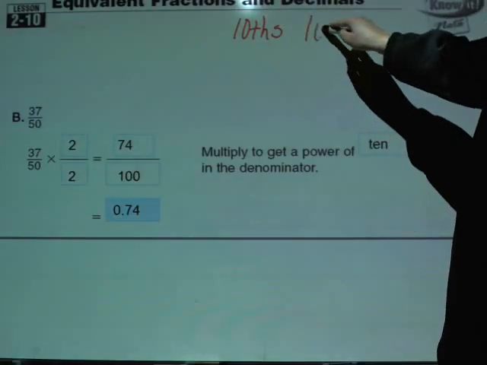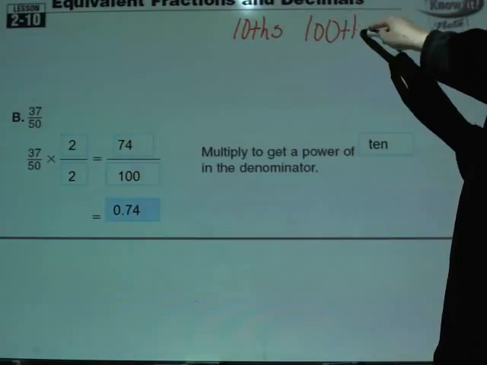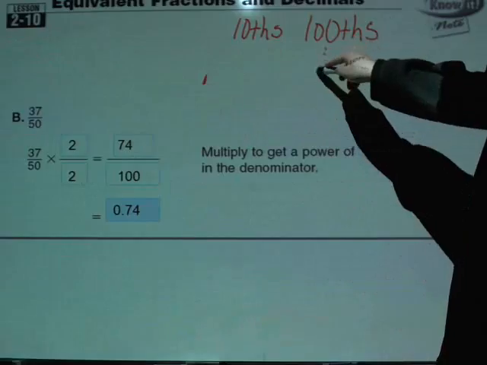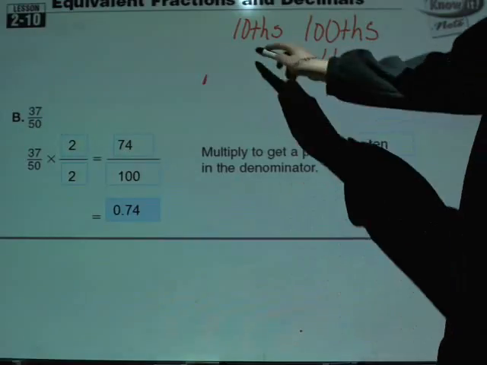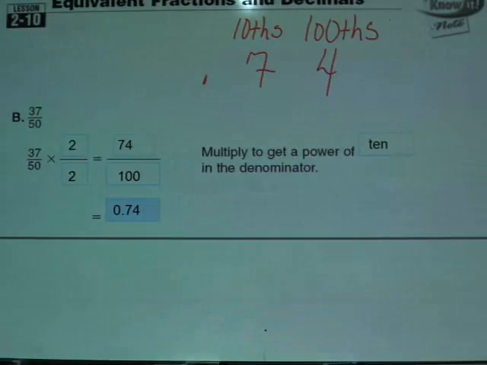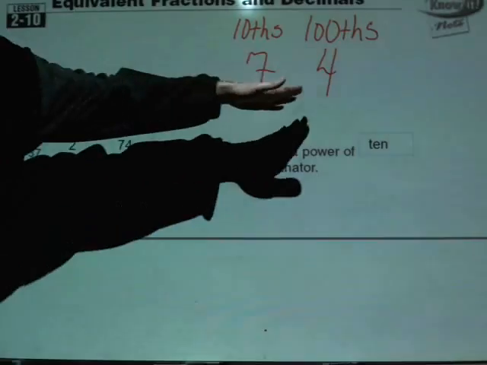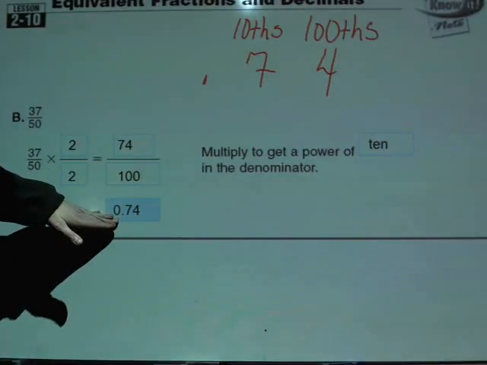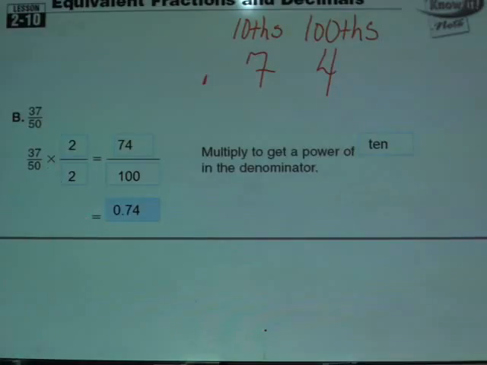So that means I've got to have 74, and it's going to end in the hundredths place. Well, that means the 4 has to be there, and the 7 would have to go in the only other place in front. 0.74. 4 is in the hundredths place. All right, 74 ends in the hundredths place. If you want to think of it that way, look at our answer. 0.74. Perfect.